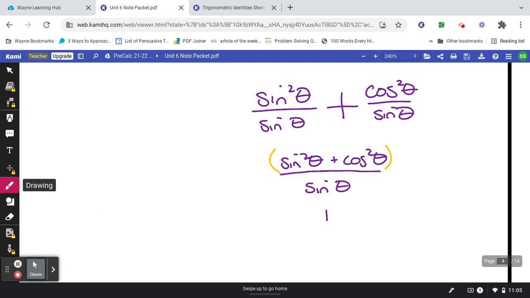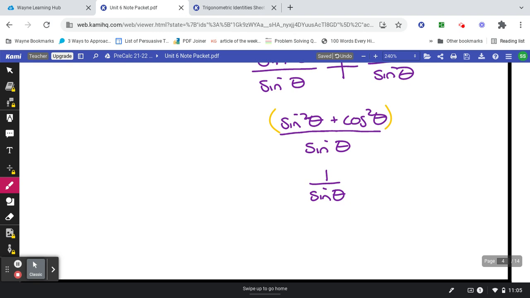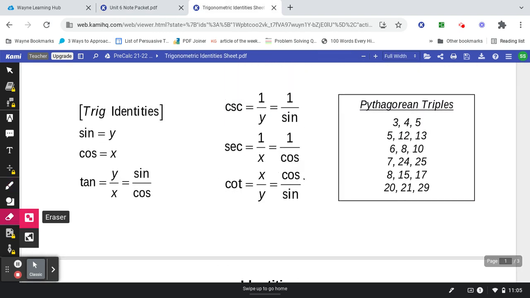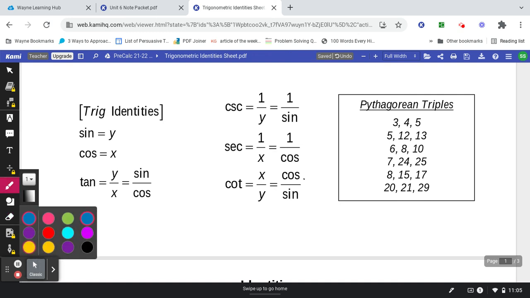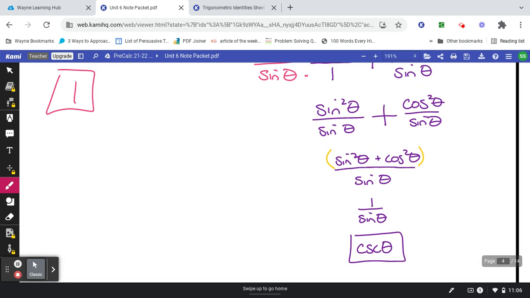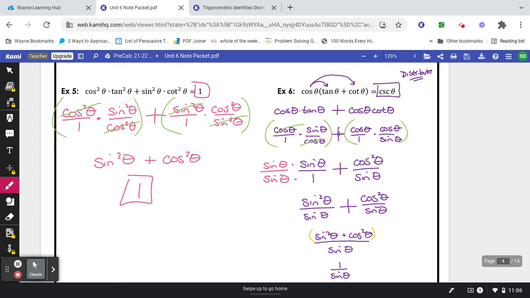So I end up getting 1. The sine at the bottom still has to stay there, sine theta. And 1 over sine theta, back to the front side of our circle, 1 over sine is cosecant. So this gets me cosecant. And after a lot of steps, that is exactly what we started the problem with way at the very, very beginning.